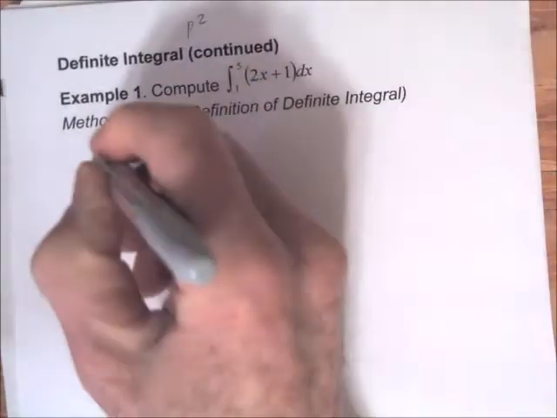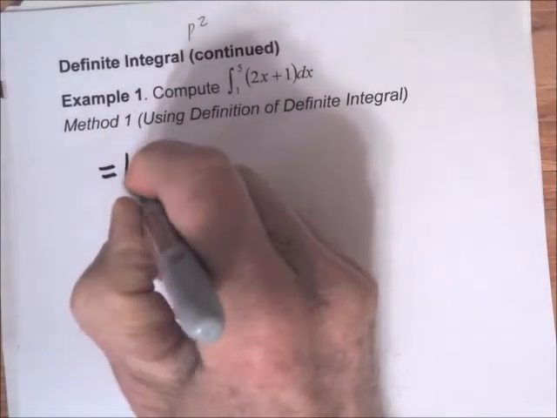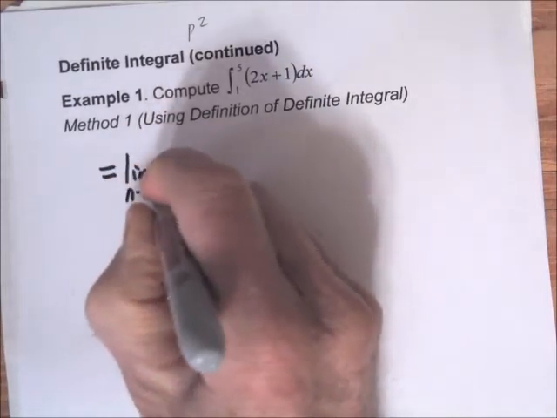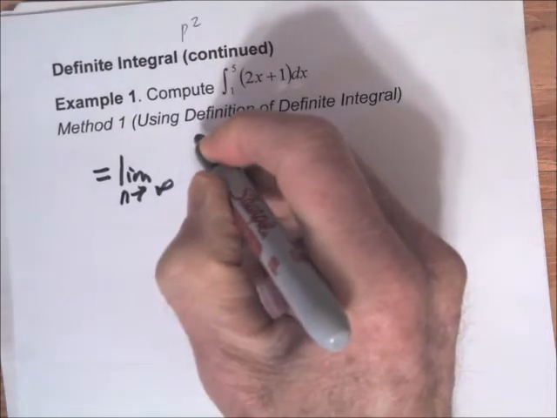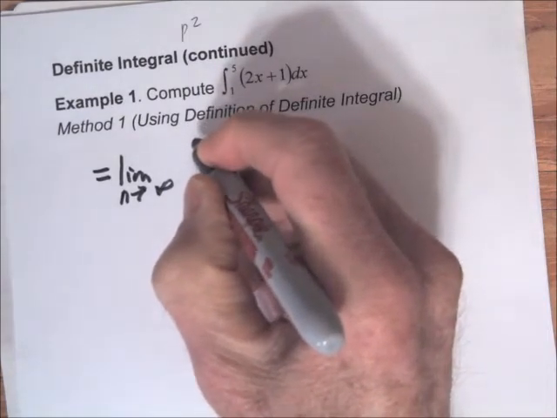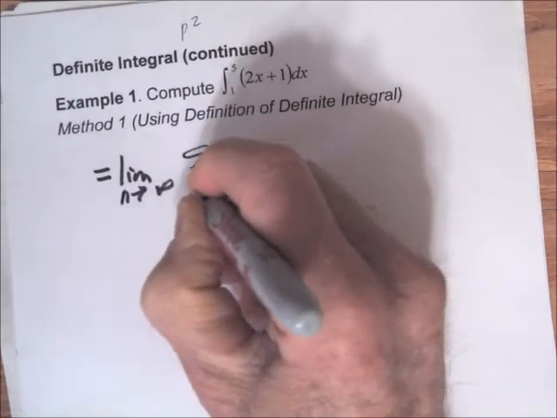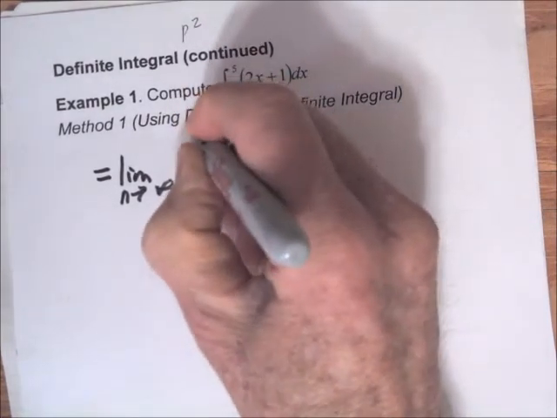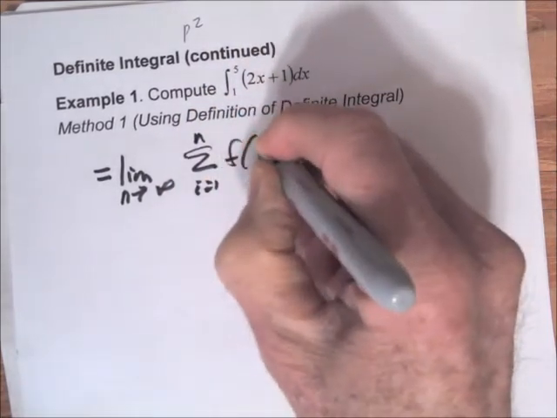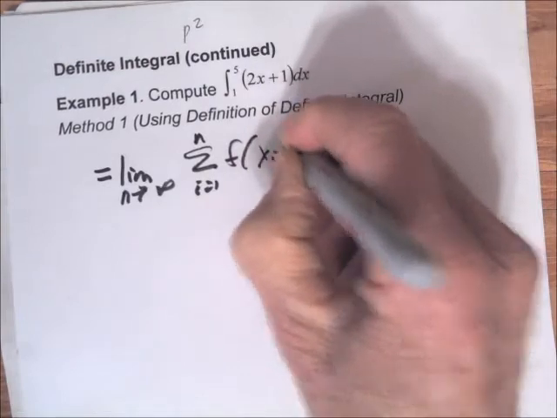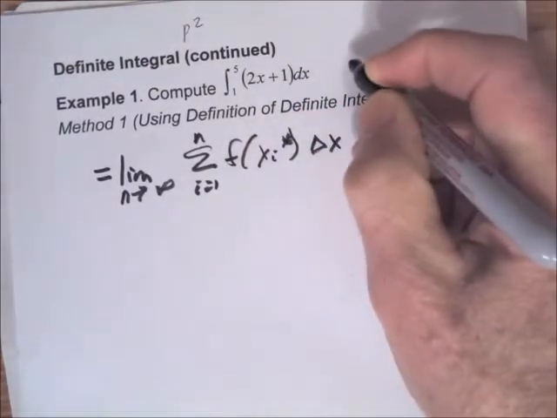We want the limit as n goes to infinity of, by the definition, the summation from i equals 1 to n of f of xi star times delta x.